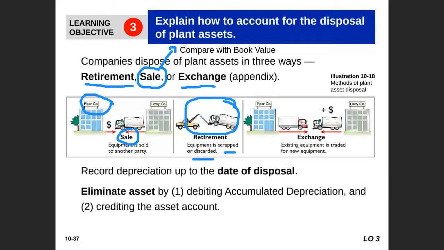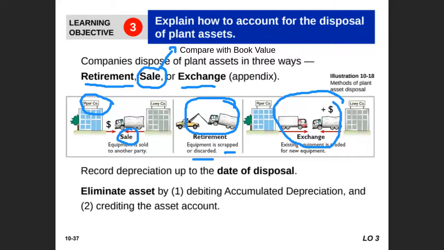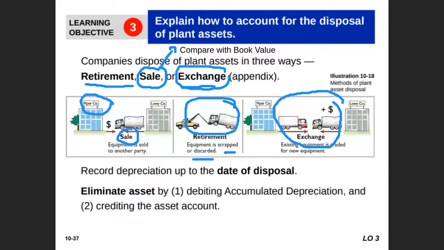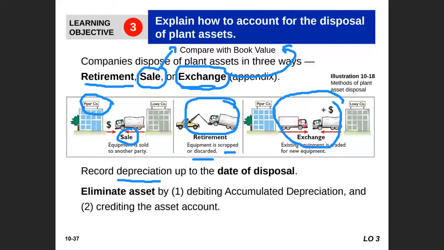You see how much cash is paid, what the book value was, and what discount you get. You compare with the book value in both these scenarios. In terms of accounting, you will record depreciation up to the date of disposal.